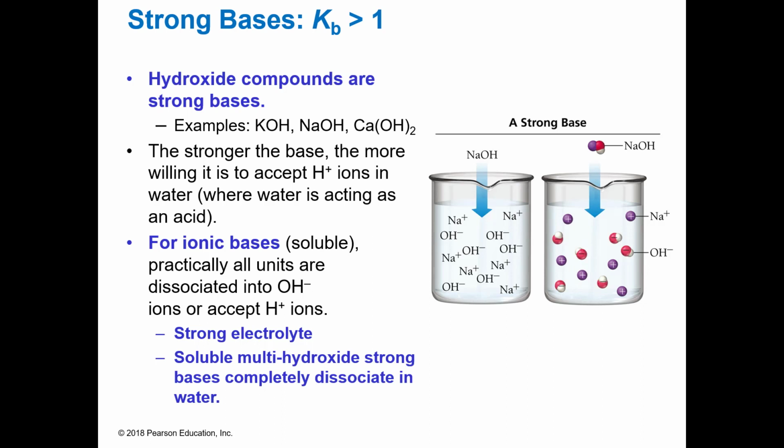All right, so just like the Ka, if it was greater than 1, then it was going to be a strong acid. If the Kb is greater than 1, it's going to be a strong base. If you have an ionic base like sodium hydroxide and things like that, everything's going to dissociate into ions, so it's going to make a strong electrolyte.